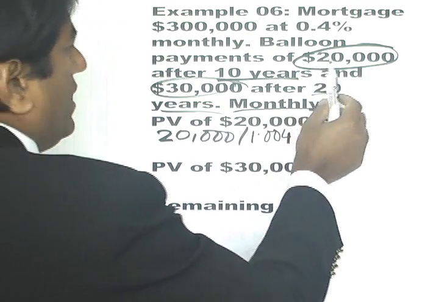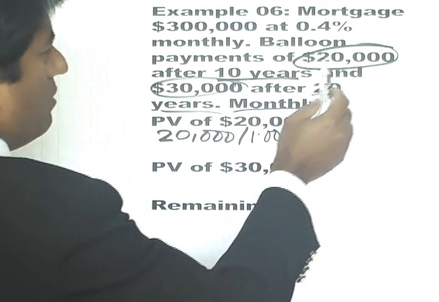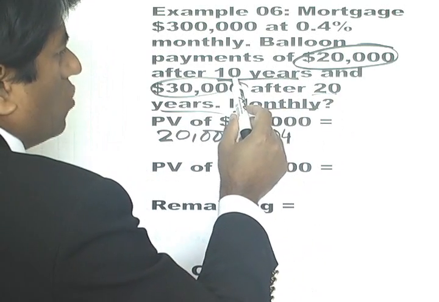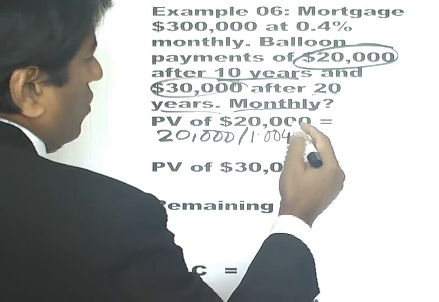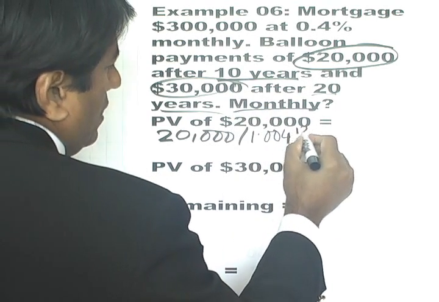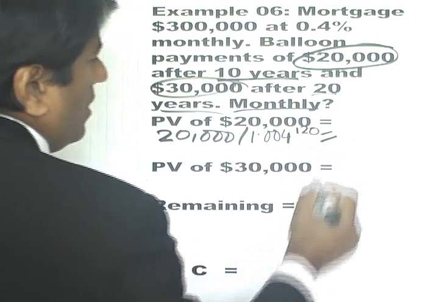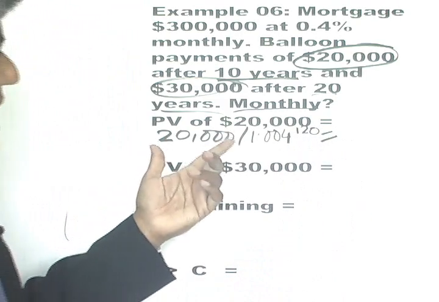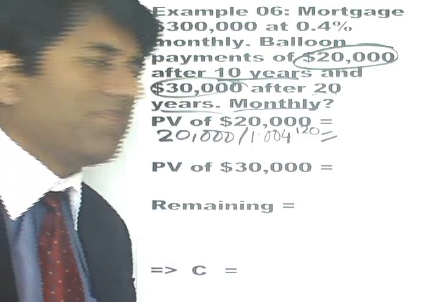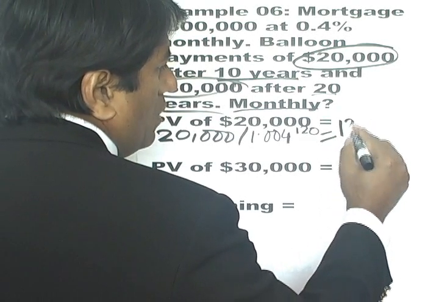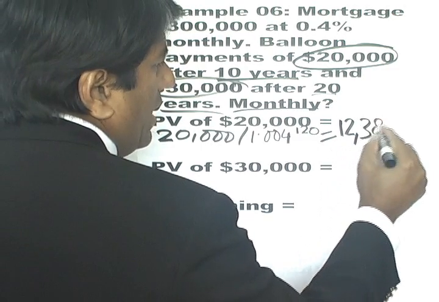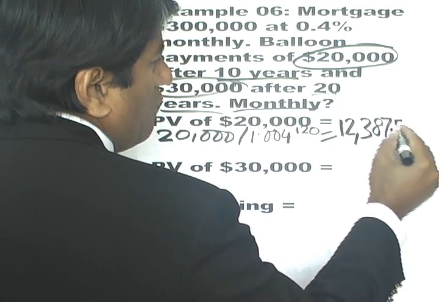Now, first we have 10 years. So 10 years is 120 months, so it will be to the power 120. So that's the present value of this first balloon payment, and that is going to be equal to 12,387.52.